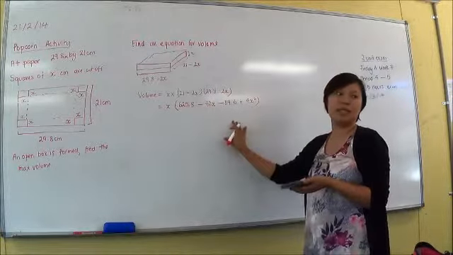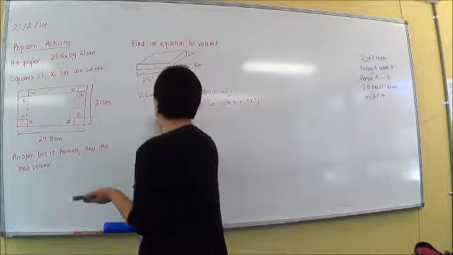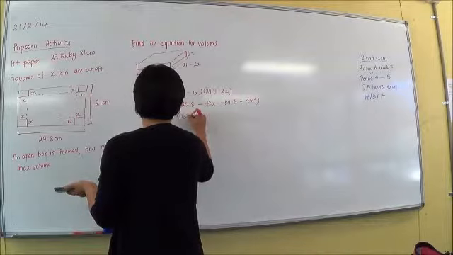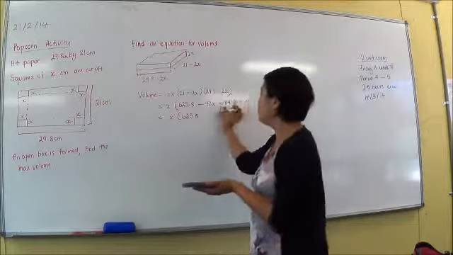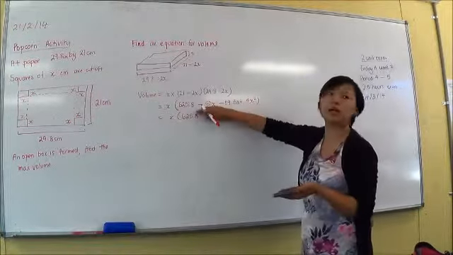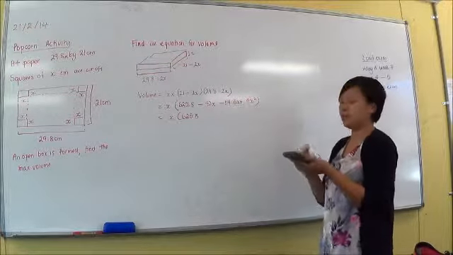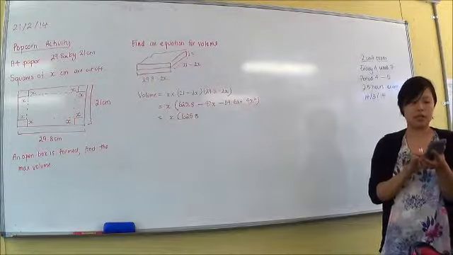So that's expanding. The next part is collecting like terms. We have two like terms, it's these two, the minus 42 and the minus 59.6. So we can just collect those two terms.